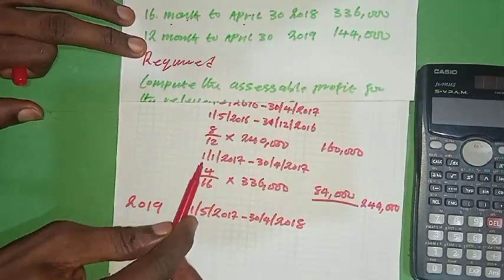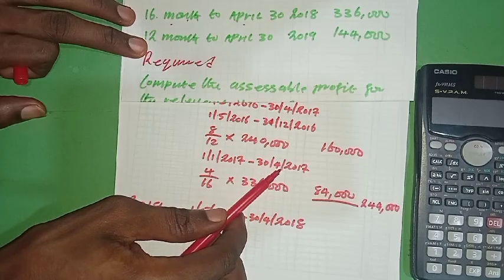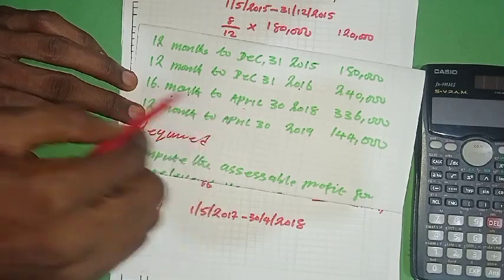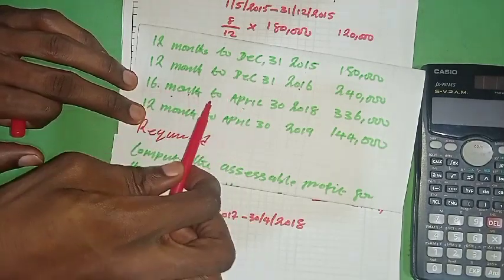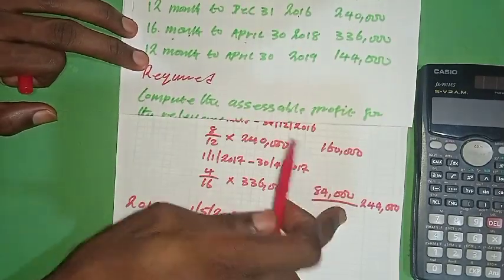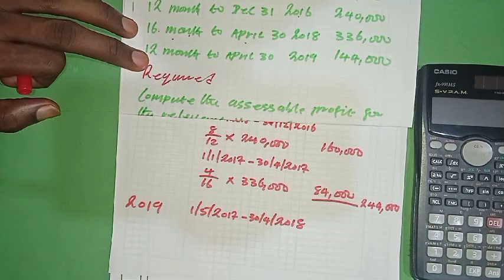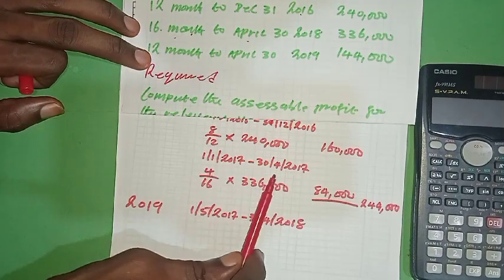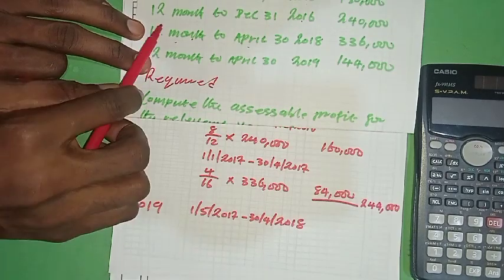Mind you, we removed from January to April 217 from here. That gave us this. Now we are looking for May to April. Now, if you discover, you find out that from January to April, it's 4 months. And here we have 16 months.